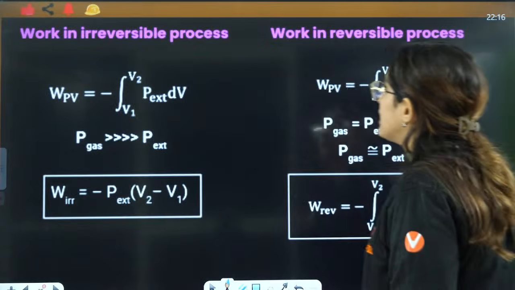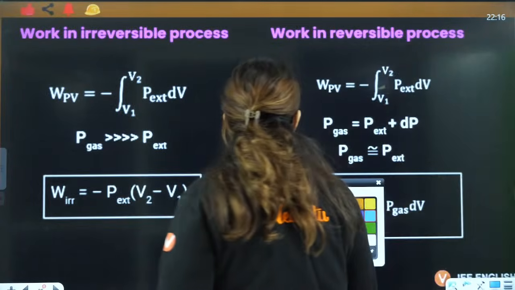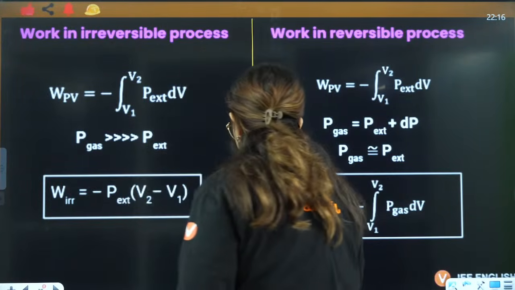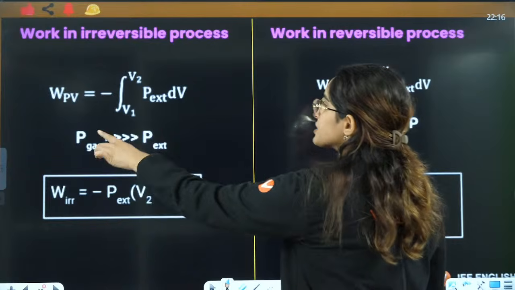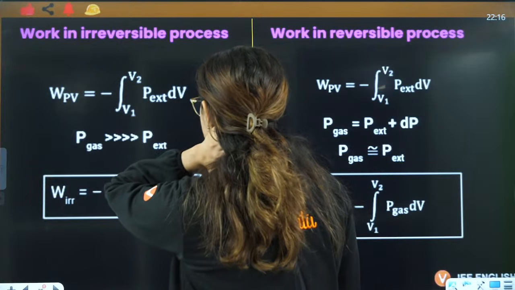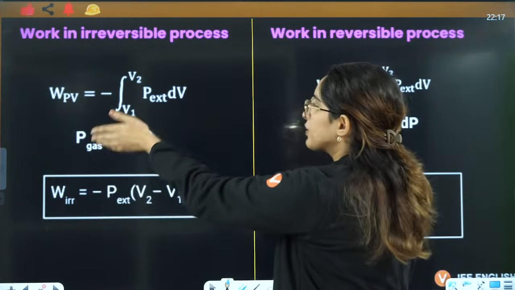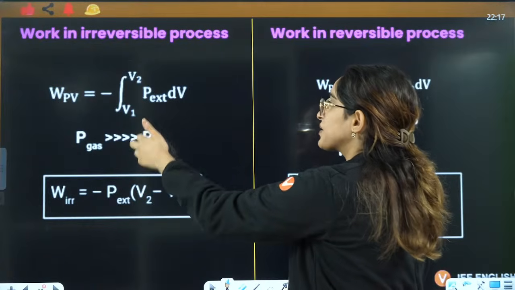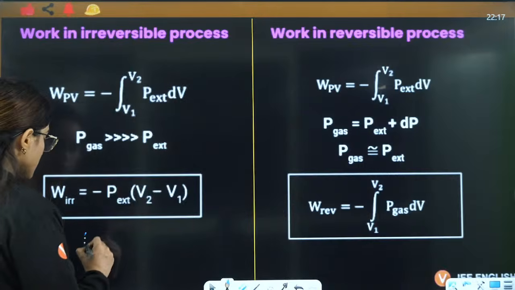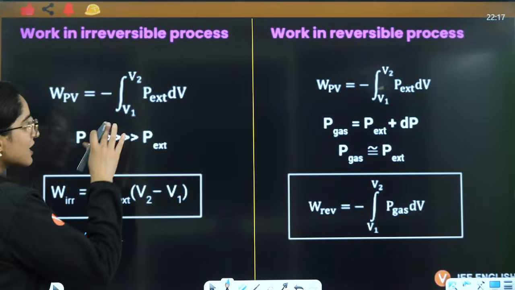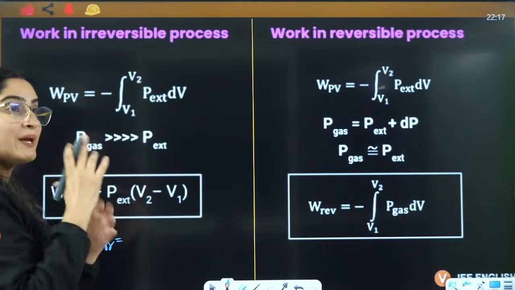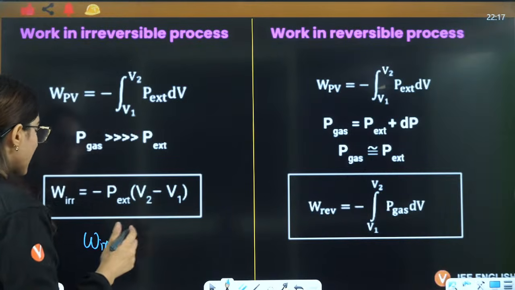Okay, now as you can see here, work in case of irreversible process. In the case of irreversible process, if you write it as irreversible process change, because the change is very large, so that's why we write work of irreversible is equal to minus P external delta V. They're just showing that even if you write V2 minus V1, that's such a big change in this case.